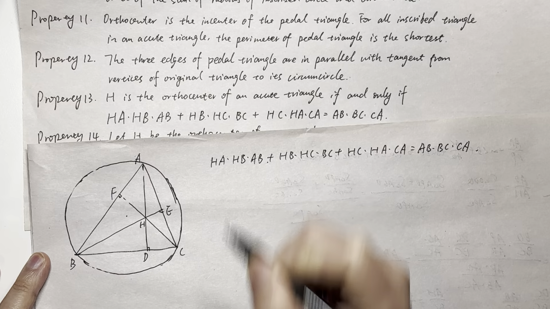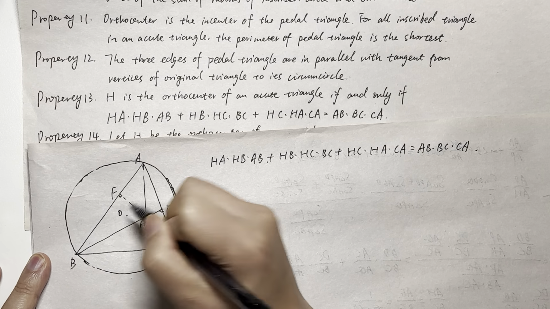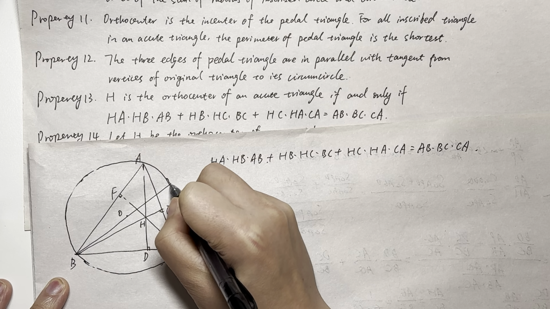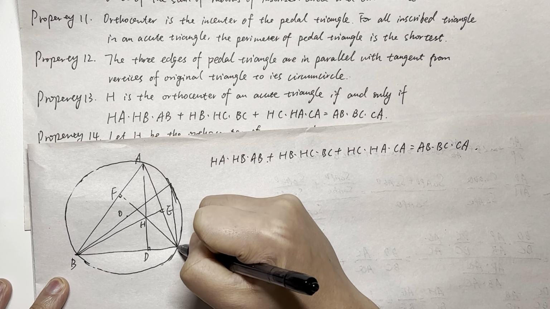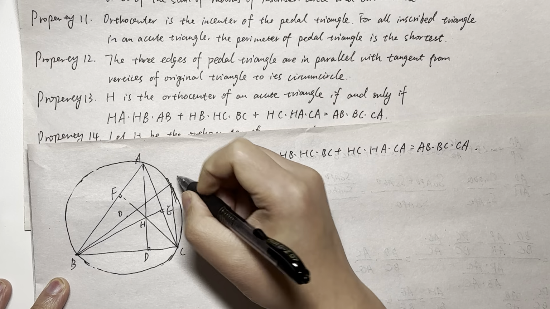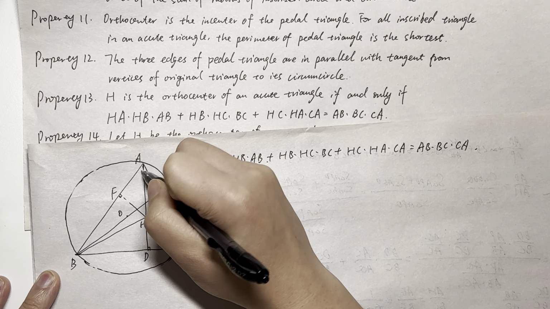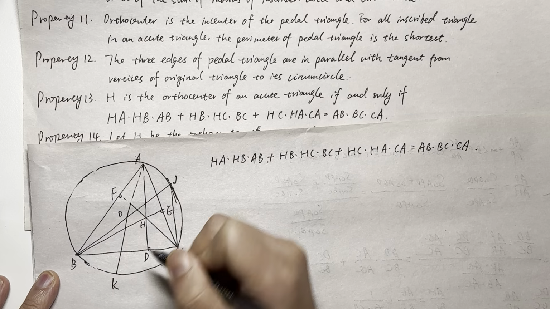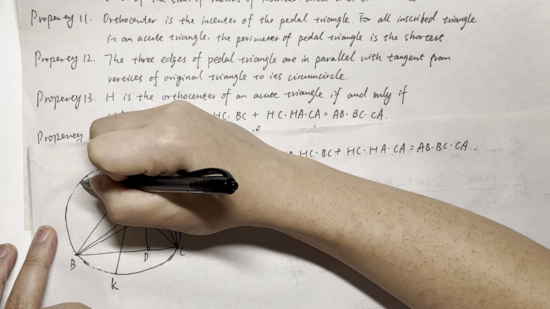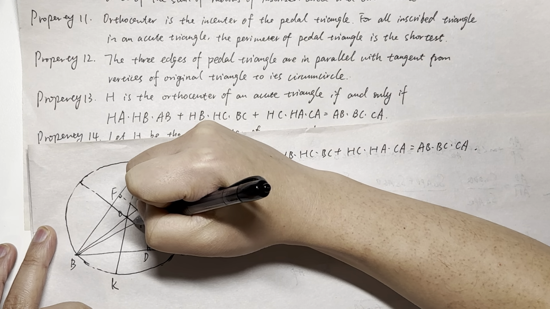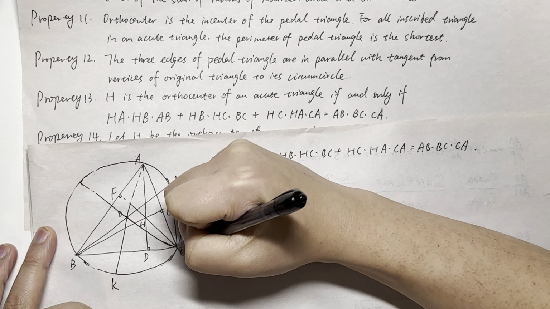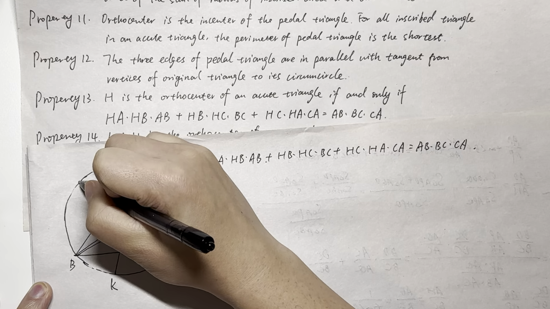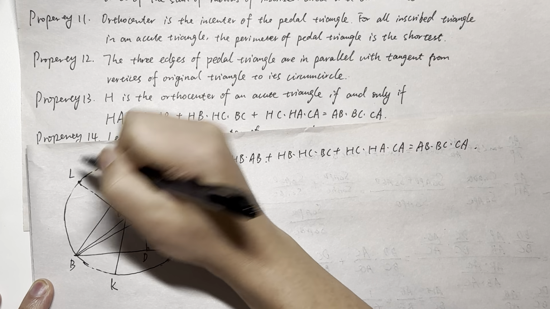Okay. We can connect BO and extend it to J here, and AO to K here, and CO to, let's call it, L here.